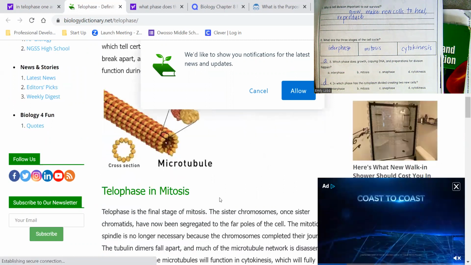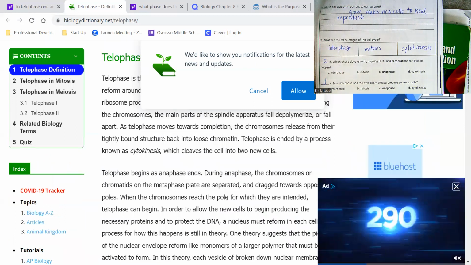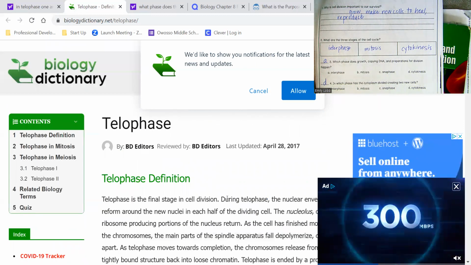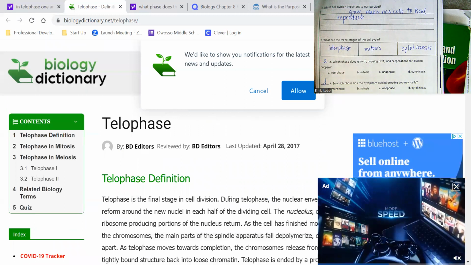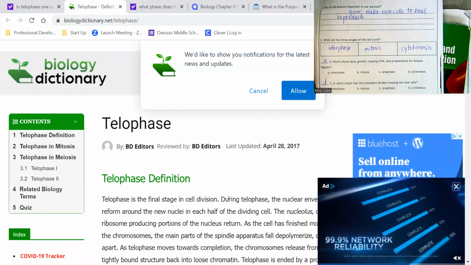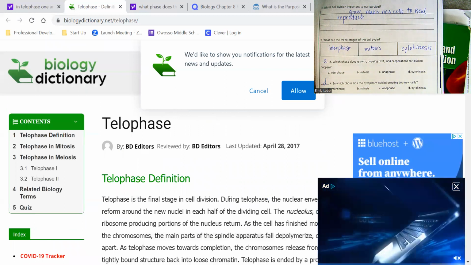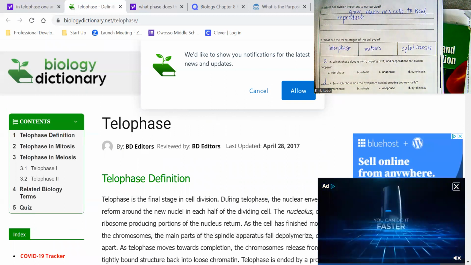All right, so we're not worried about telophase in mitosis. I think that's fair. Are we good on number 4?